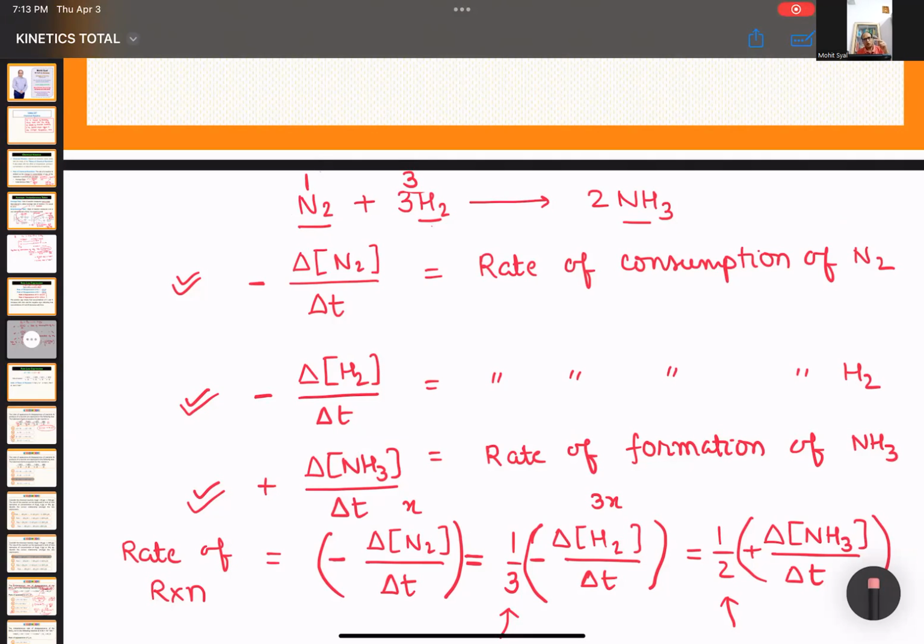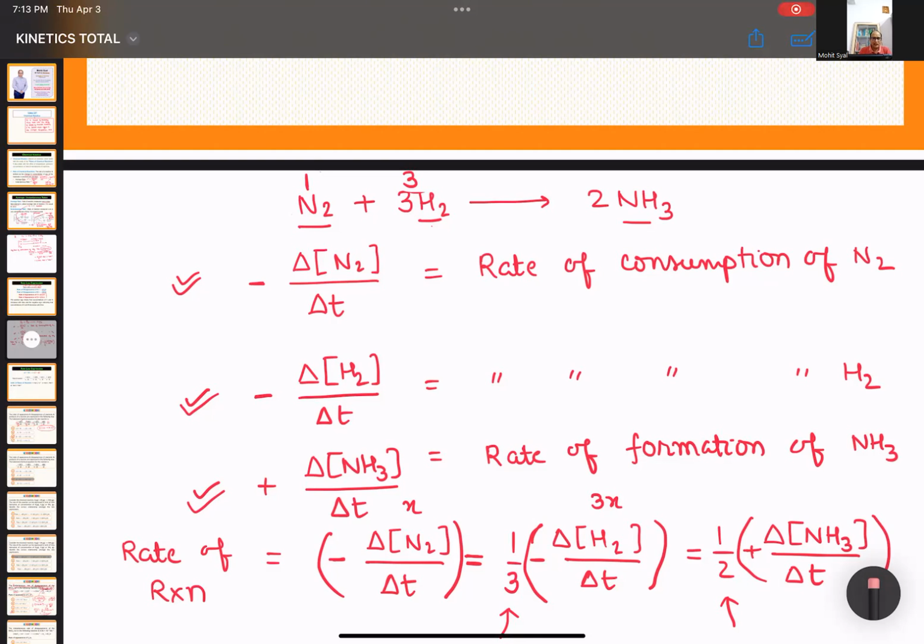1 mole of N2 was reacted, and in the same time 3 moles were reacted for hydrogen. They are not equal. To make them equal, I divide this by 3. When I divide it by 3, they both become equal, and they start representing the rate of the reaction.